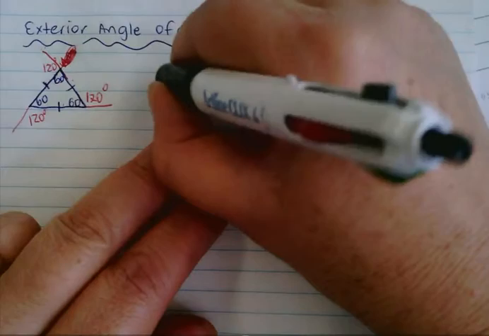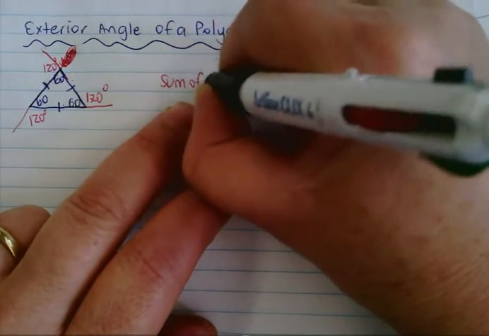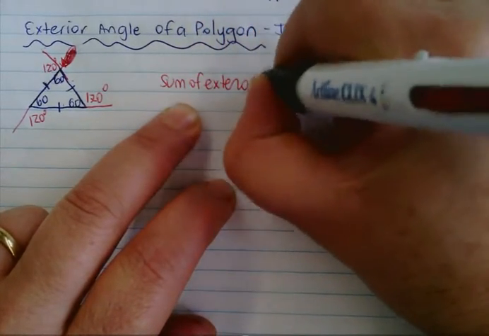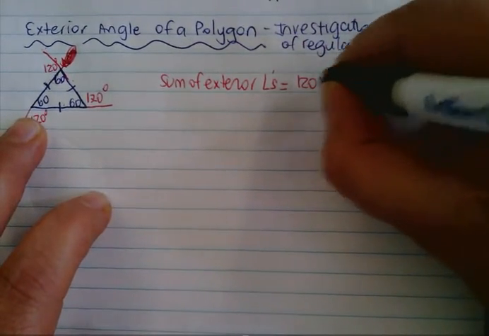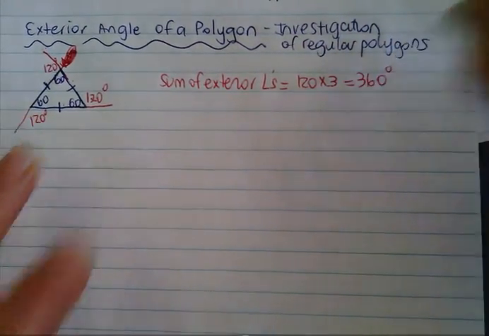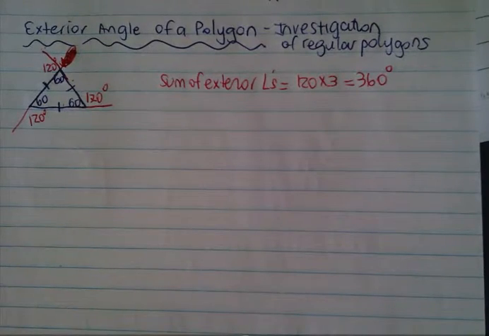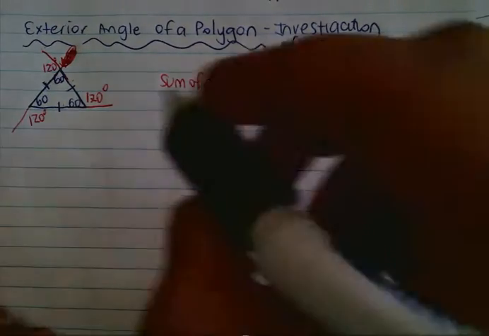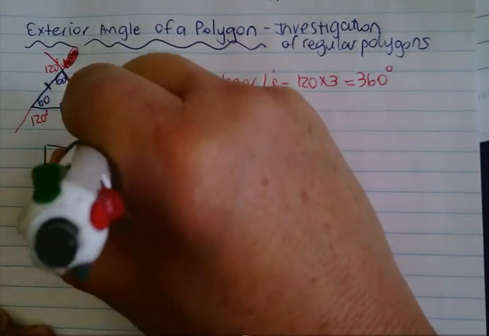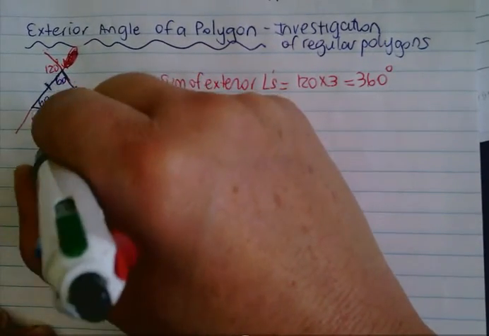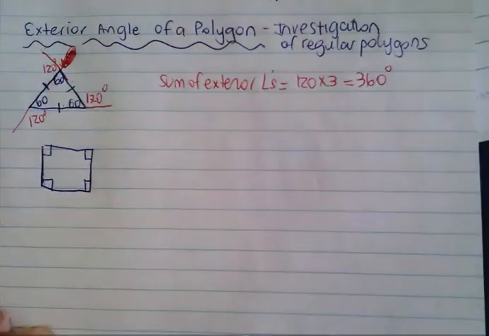So what is the sum of the exterior angles here? It's 120 times 3, which is 360. I'm just going to do it for the easy shapes. It doesn't matter if it's a square or a rectangle, but I'm just doing regular. There's a square.